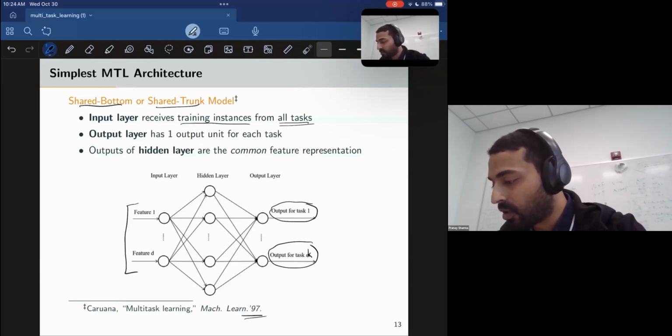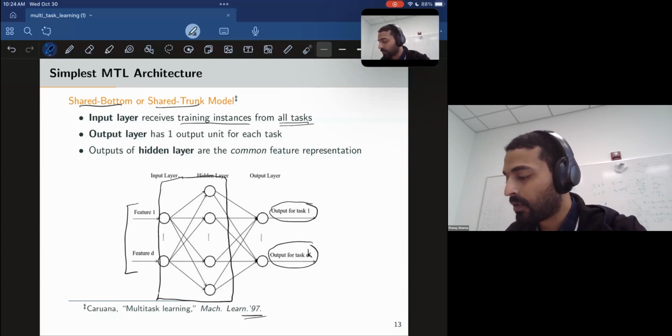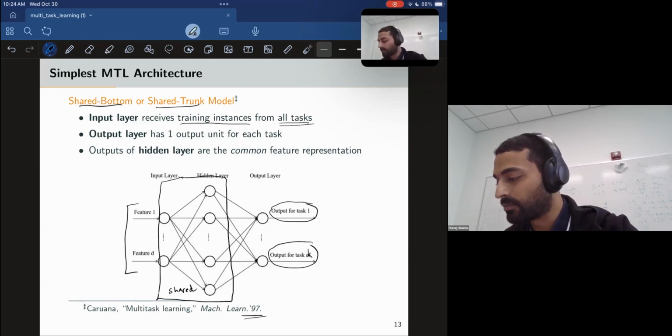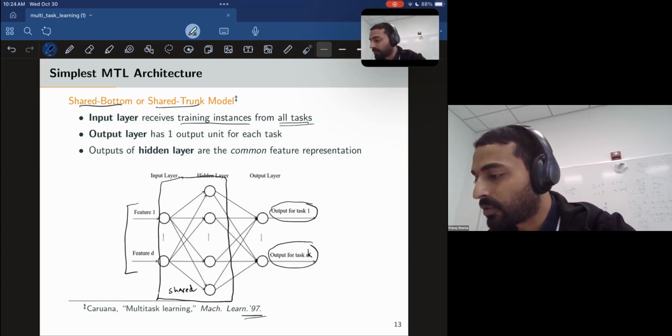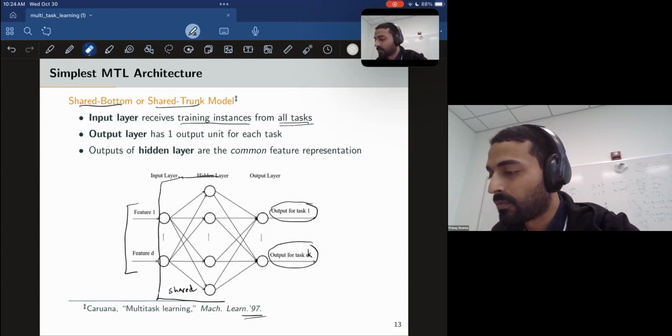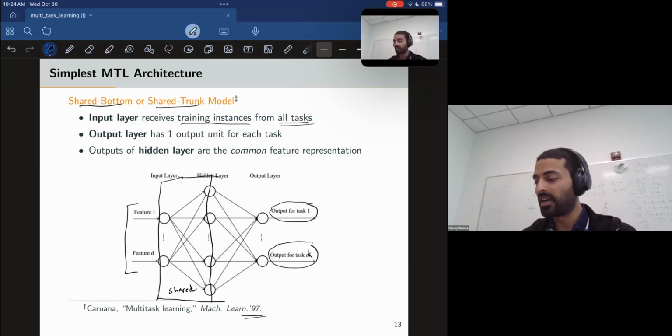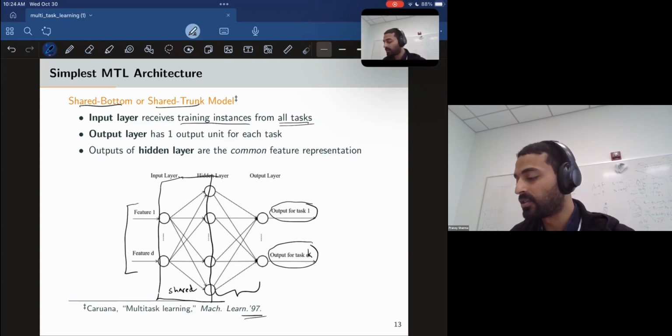If you focus on this part of the network, this is shared between all the tasks, and then the remaining is task specific.